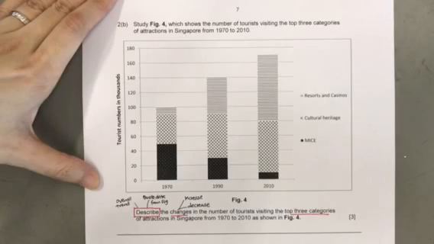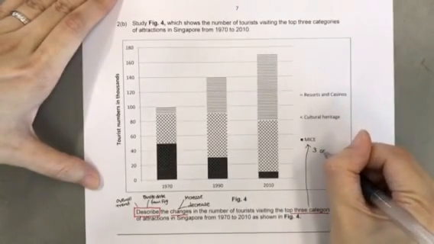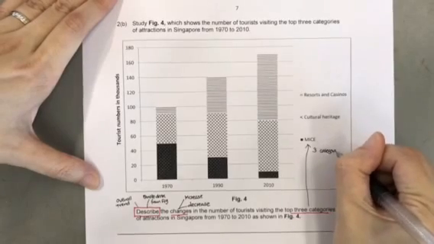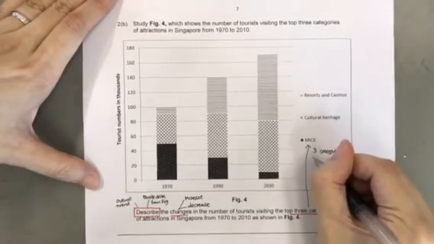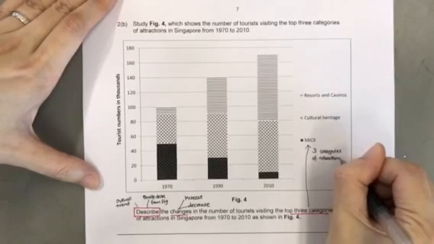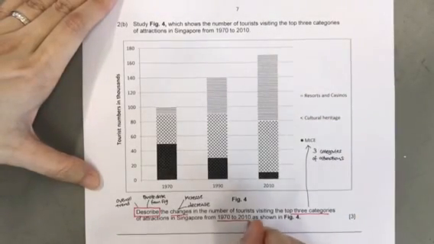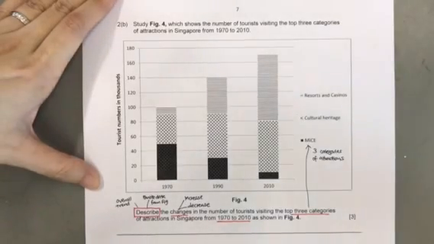These are the 3 categories of attractions that the question is referring to. Okay, what is the time period? The time period is from 1970 to 2010.